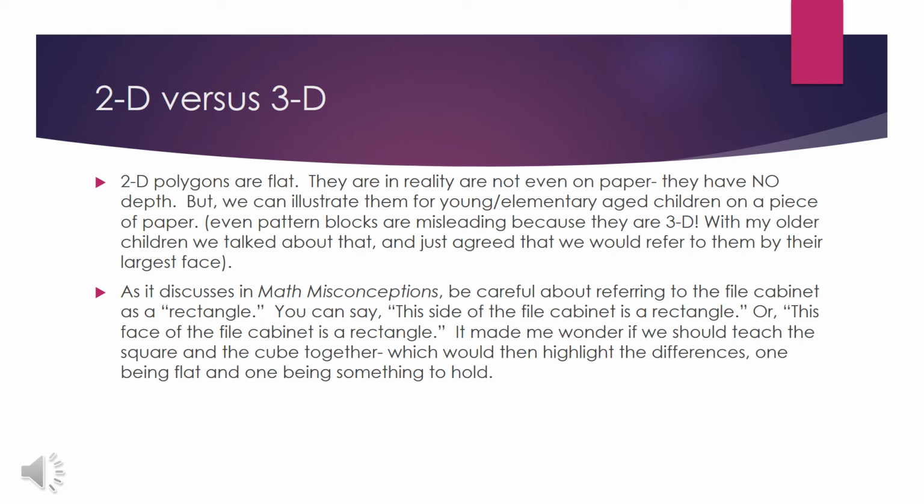And so labeling, you know how you label things around the room, labeling items around the room, use sentence strip paper and just write rectangular prism, or this face is a rectangle. I think we need to make sure that we're aware of that when we talk about geometry and geometric shapes with young children. Okay.